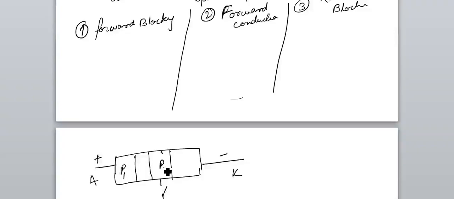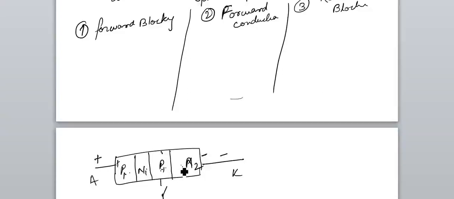So basically, this is positive, this is negative. For the P1 junction, this is forward bias, right? It has positive potential on one side and negative potential on the other. So consider it as diodes: this is one diode, this is another diode.